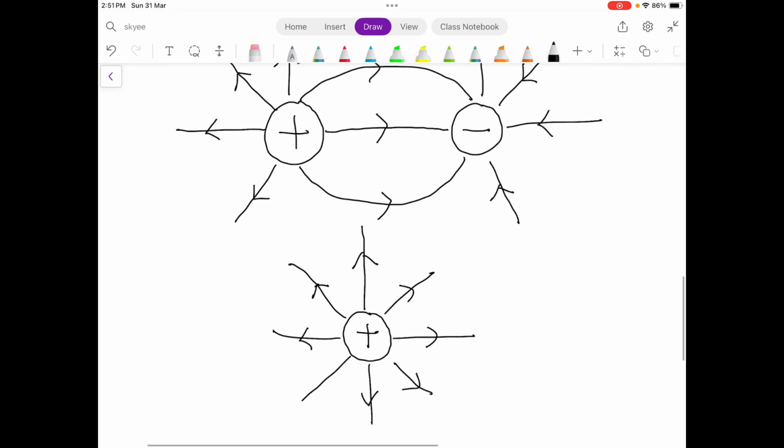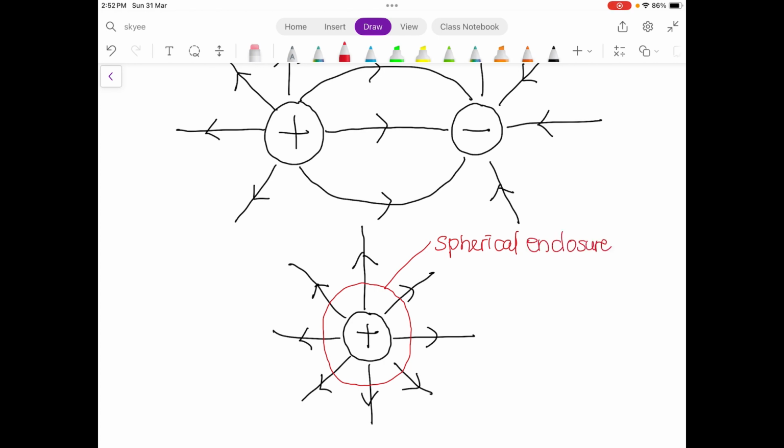Now if I put this charge inside a spherical enclosure, it is like a box, a spherical box. I put the charge inside this spherical box.